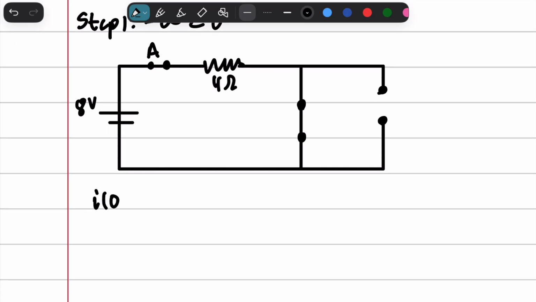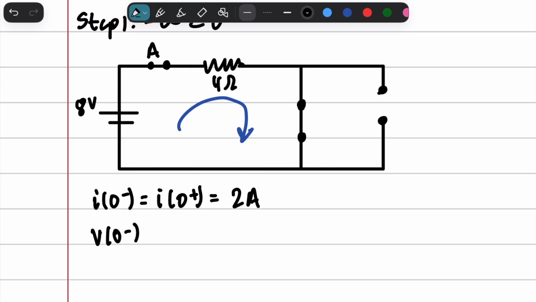So I of 0 minus is equal to I of 0 plus, and that's simple. We're going to pretend that the current is being pushed this way. So it's going to be 8 divided by 4 is 2 amps, and V of 0 minus is equal to V of 0 plus across this capacitor, for this V that we want.